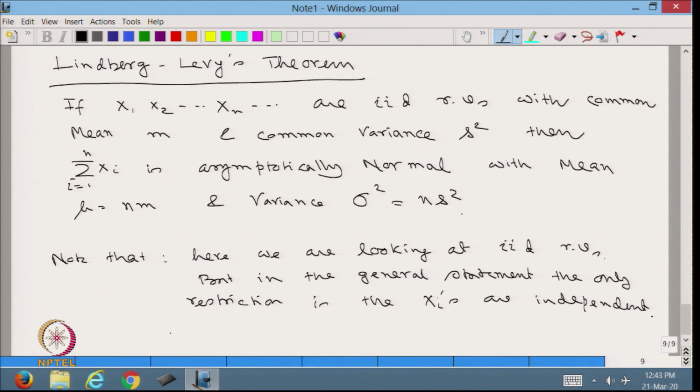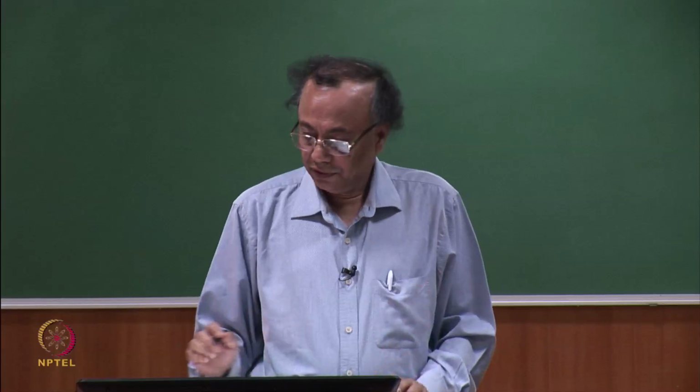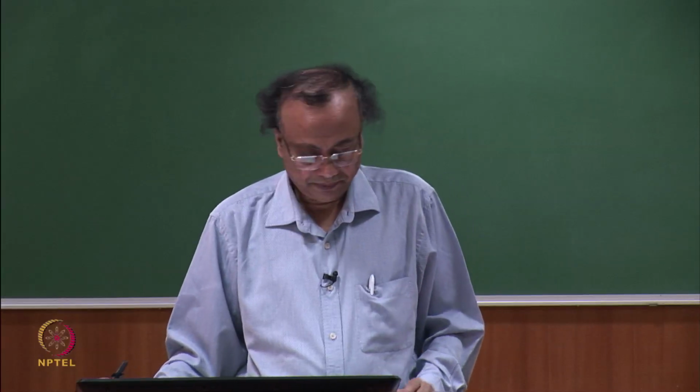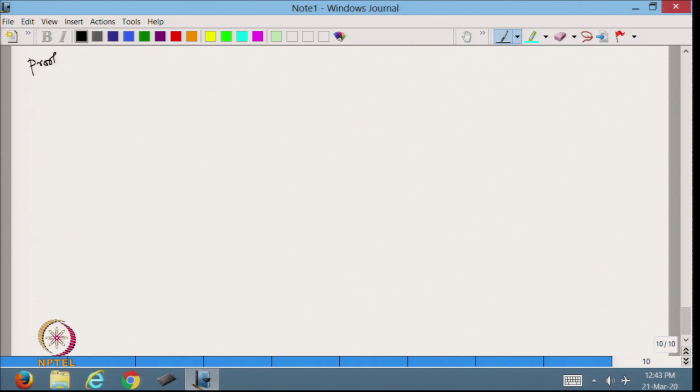Thus, we are looking at a special case of the central limit theorem. Proof: consider the moment generating function of (X minus m) upon root n s at t.